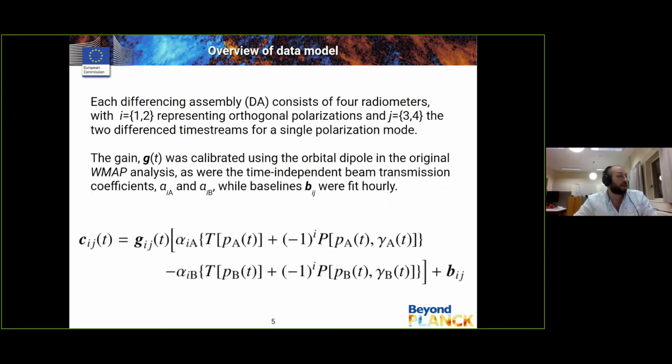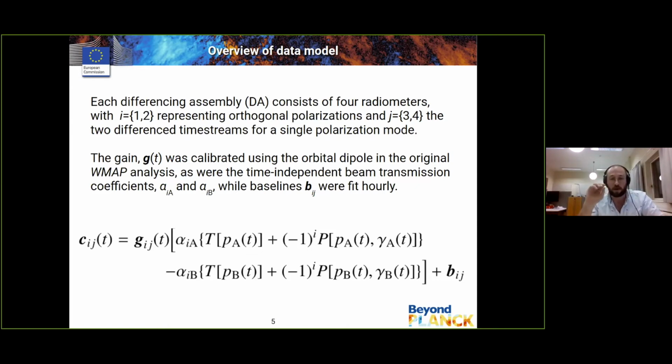And so the data set explicitly can be written down like this, where the raw time-ordered data is given by a time-dependent gain factor, like most instruments, and then the pointing for each horn with a -1 to the ith power corresponding to the different polarization orientation.